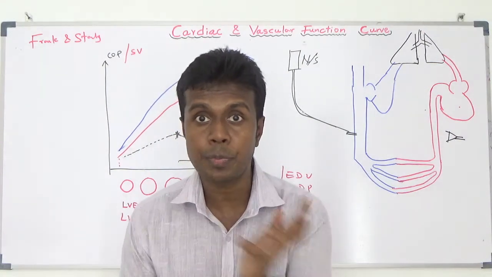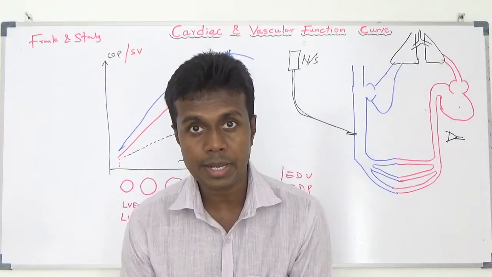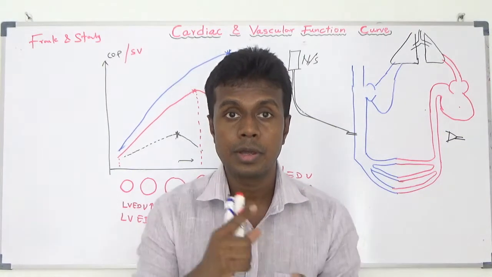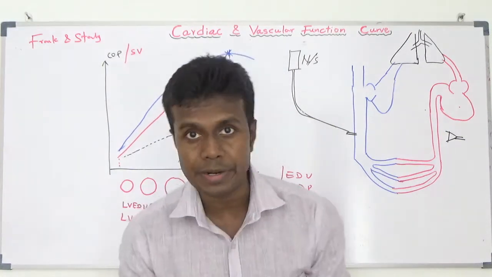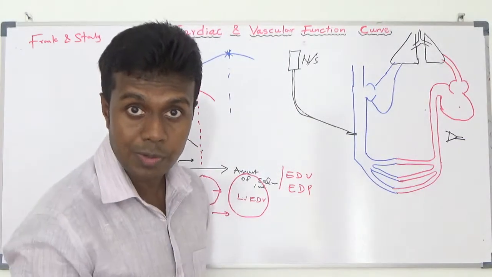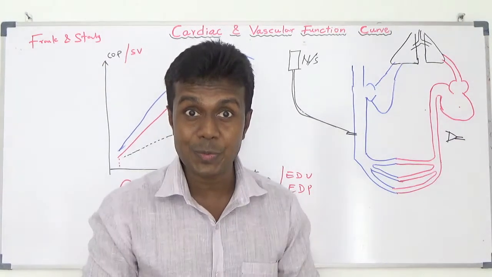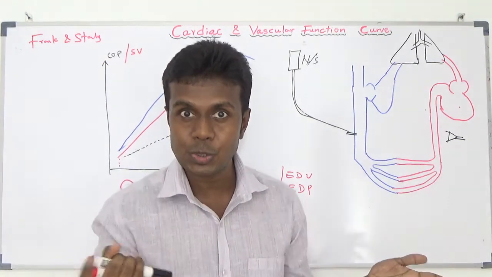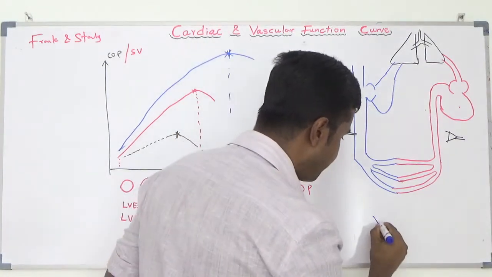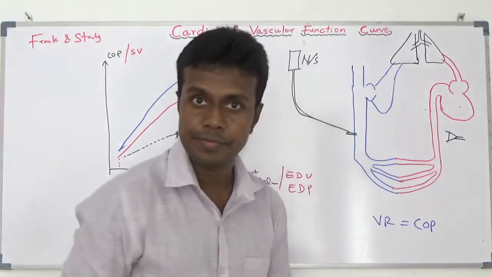That same amount should go from the ventricle to the outside as cardiac output. So my venous return to the heart and cardiac output must be similar. No surprise, otherwise fluid would accumulate in the heart, and there is no place to accumulate fluid in my heart.